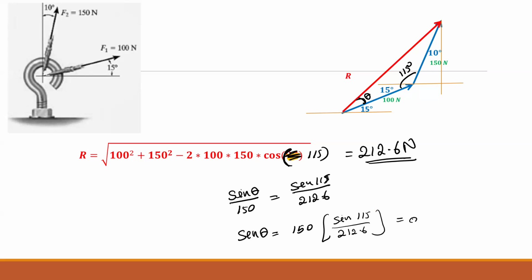I got this as 0.6394 something. Let me take the sine inverse. 39.74. Do you get the same or have I done anything wrong?